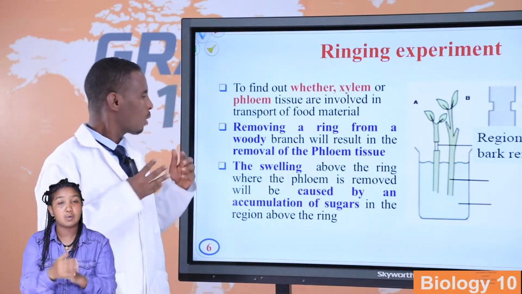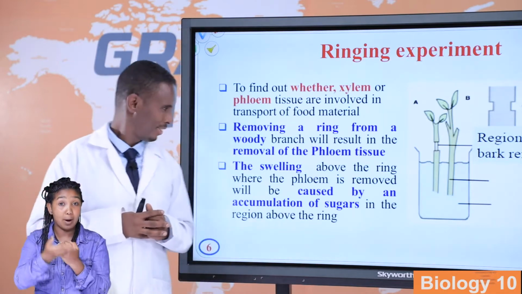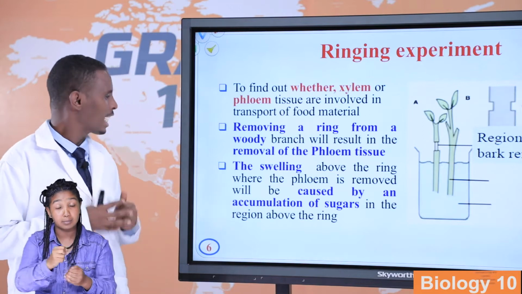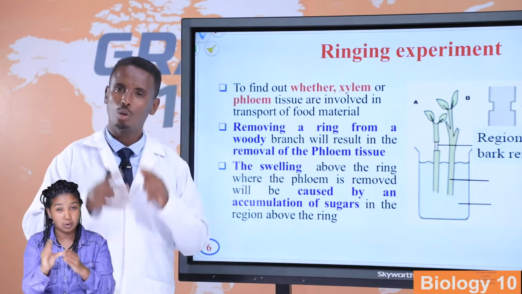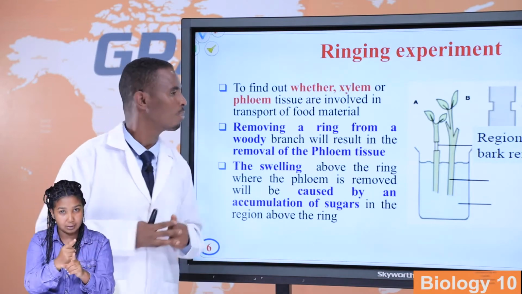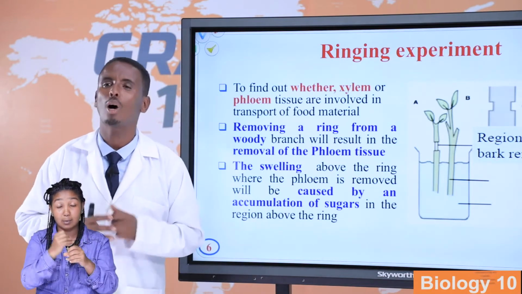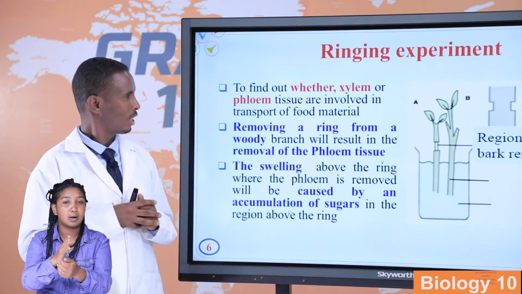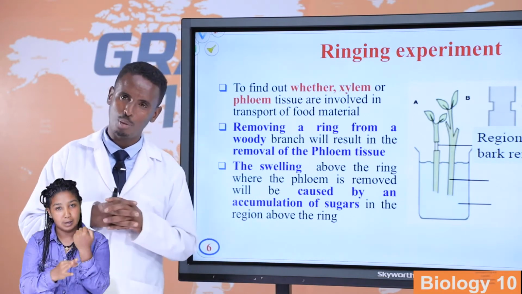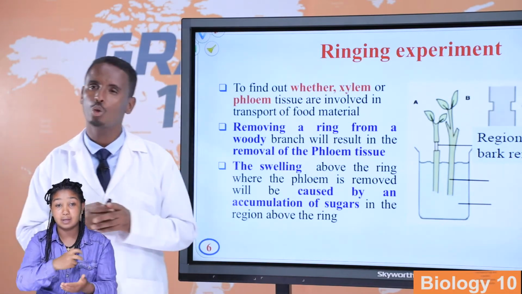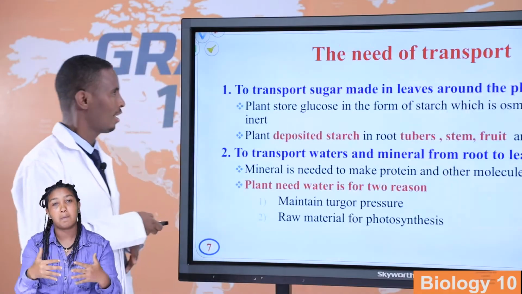The swelling above the ring where the phloem is removed is caused by the accumulation of sugar. Therefore, the ringing experiment proves that phloem tissue is involved in the transport of food material.